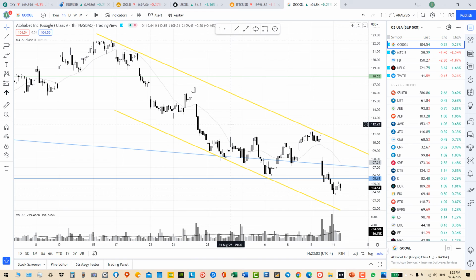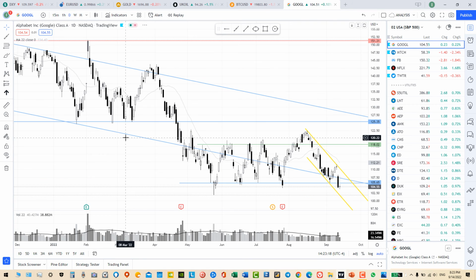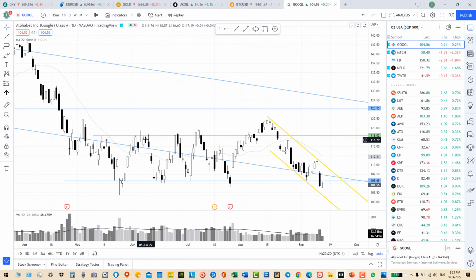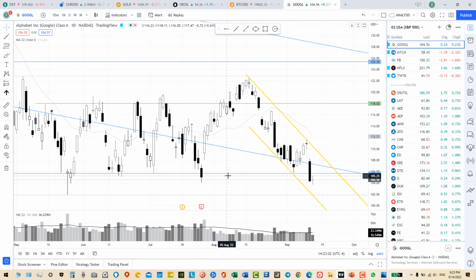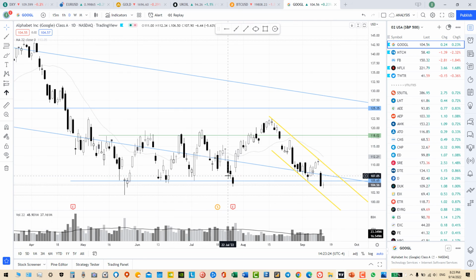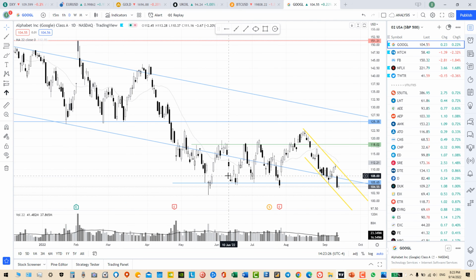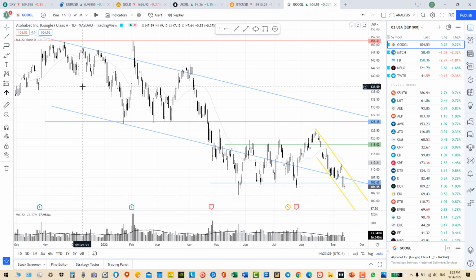And we can see here is the down channel line over the impulsive wave on the 1 hour chart, and it's clearly a well-established downtrend over the hourly chart, which means that over the daily chart it is a strong impulsive wave to the downside, which is a part or a form of a bigger, longer major downtrend in Google over the weekly chart.